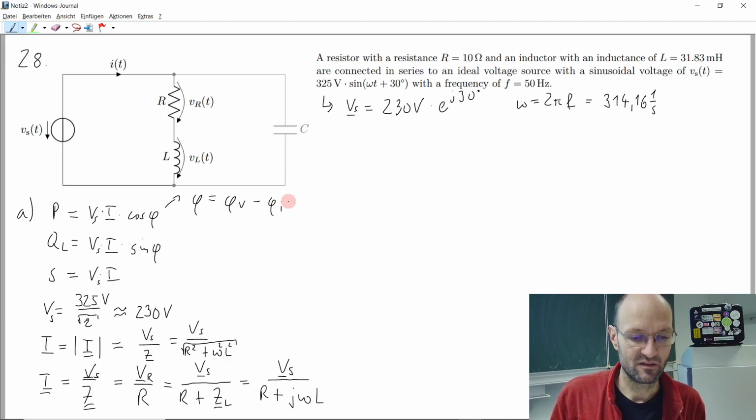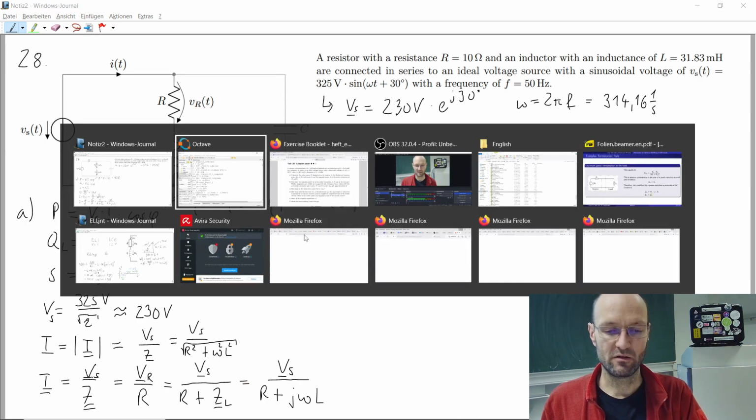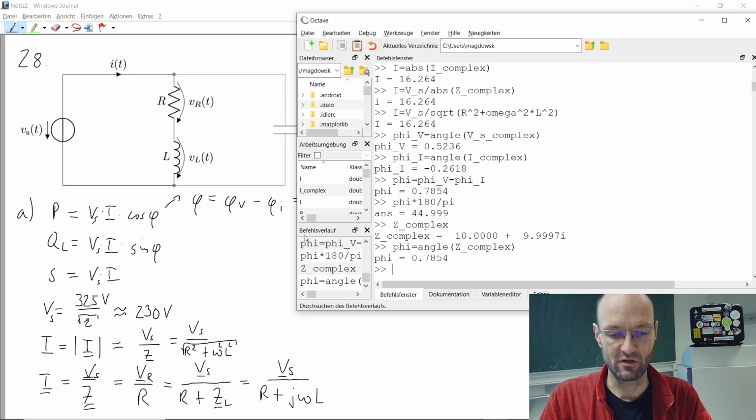So the phi that we need is the same as the angle of our complex impedance that we just calculated here at the bottom. Okay, so we have the angle, we have the RMS values. Now we can calculate the real power, the effective power, the active power, as the source voltage RMS value multiplied with the current multiplied with the cosine of phi.